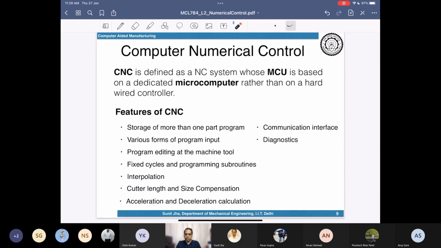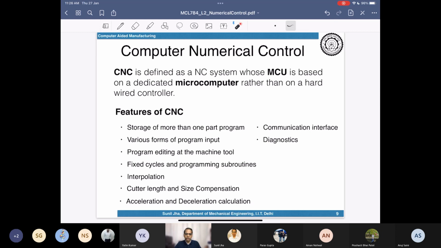So there is a lot of advantage in having a communication interface inbuilt into these kinds of machine tools, because then you will be exchanging a lot of information two-way with the machine tool. And certainly diagnostics can be done. Once you are getting all sorts of data, some of the diagnostic features are on the machine itself.